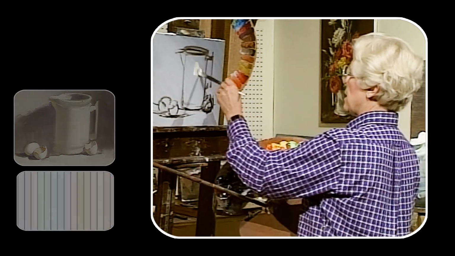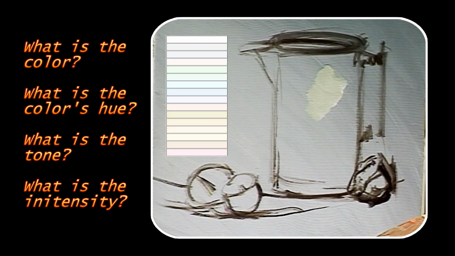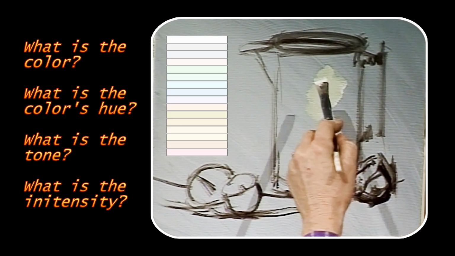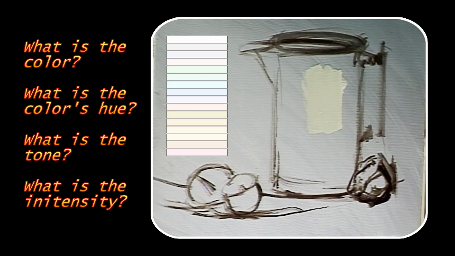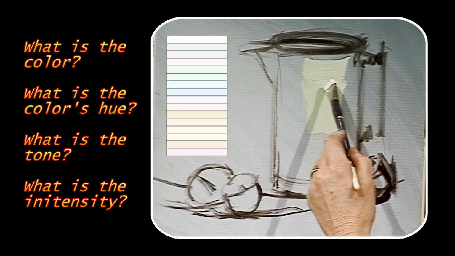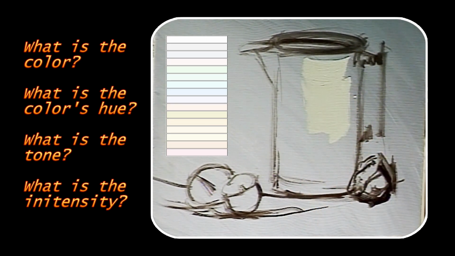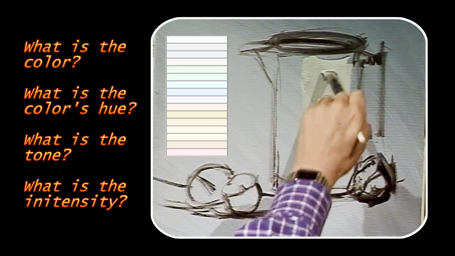Always ask yourself some questions about the color that you're looking at. Ask yourself, what tone is it? What particular peculiarity is the color? This is a very light gray, vague green.